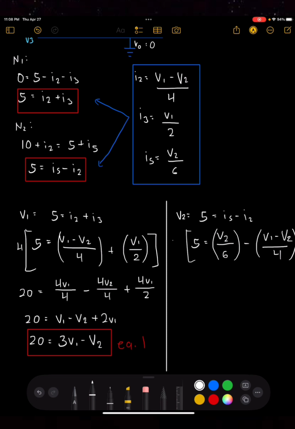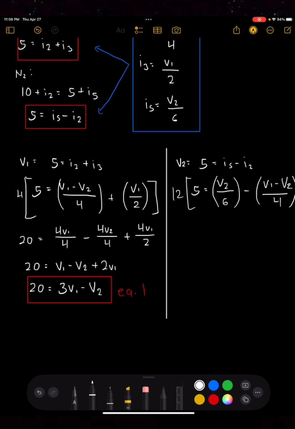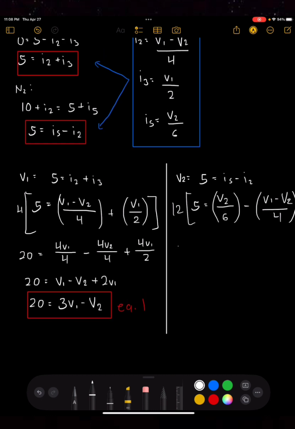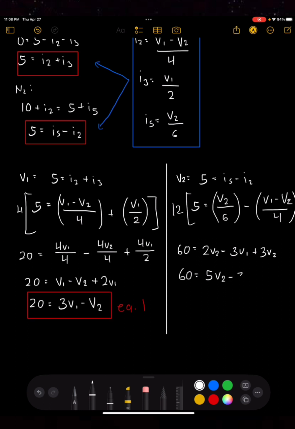So, ito times natin to by 12. Magiging 60 is equal to, ang kalabasan nito ay 60 is equal to 2V2 minus 3V1 plus 3V2. So, magiging 60 is equal to 5V2 minus 3V1. So, ito na ang magiging equation 2.